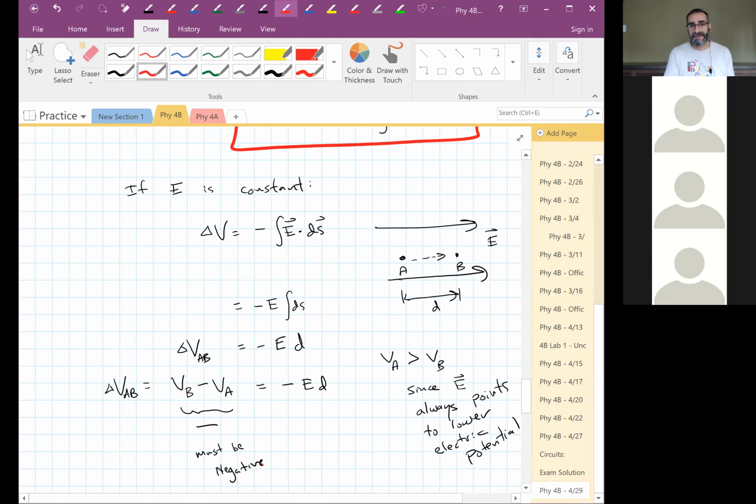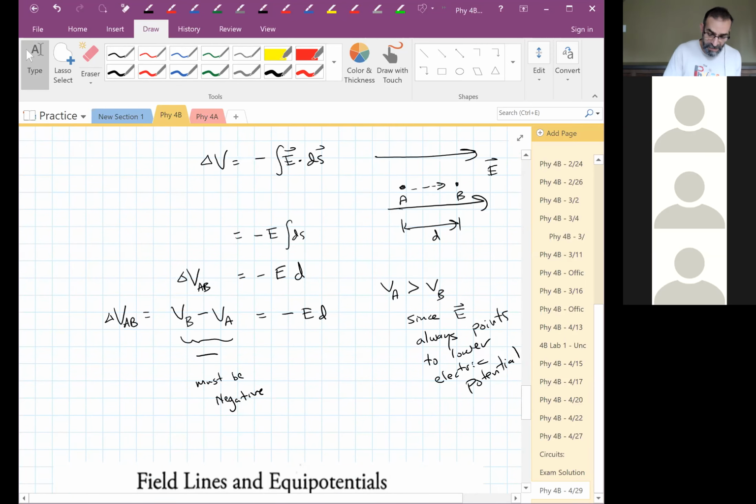I know this has to be negative. If it's not, I put a minus sign there. If it is, I'm good. Okay? I think in the end, just looking at the situation and trying to get the minus sign right is much easier than trying to get all the minus signs right along the way. But do both.